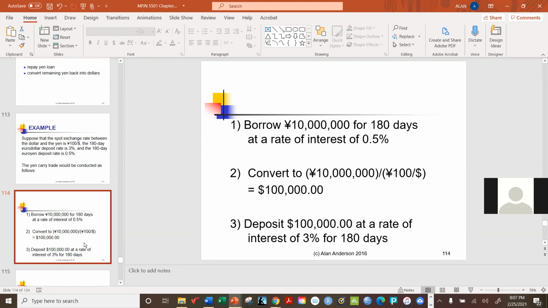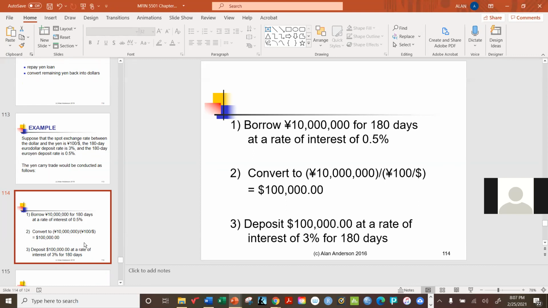Now here you notice I'm dividing to turn that into $100,000. So if I deposit that in a euro dollar rate, I'm getting 3% for 180 days. Now you can see I'm borrowing at 0.5% and I'm lending at 3%. Not too bad. I mean, it looks like I'm going to make money. Well, what could go wrong? What could go wrong is when I convert my yen back into dollars, a stronger yen could wipe out my profits.